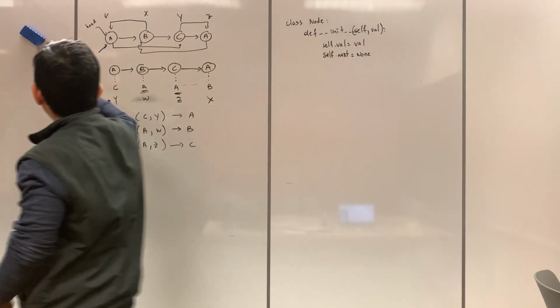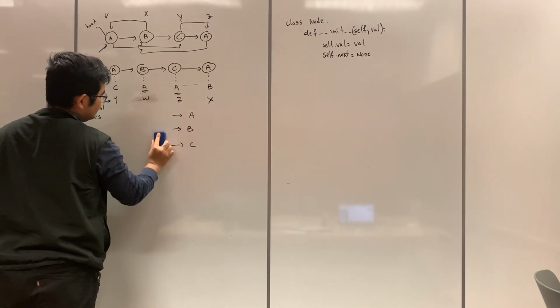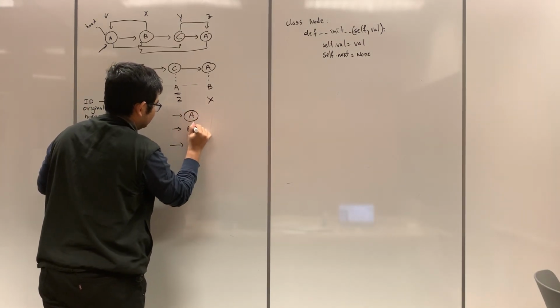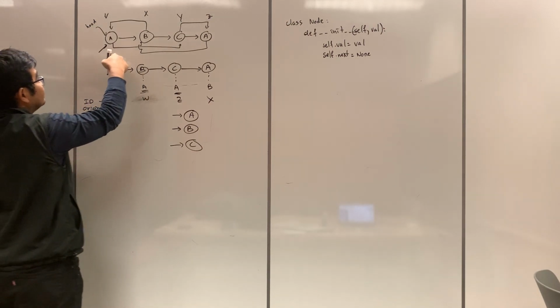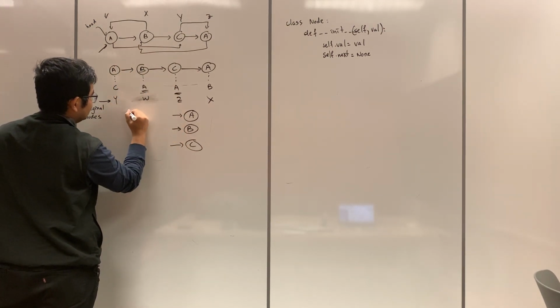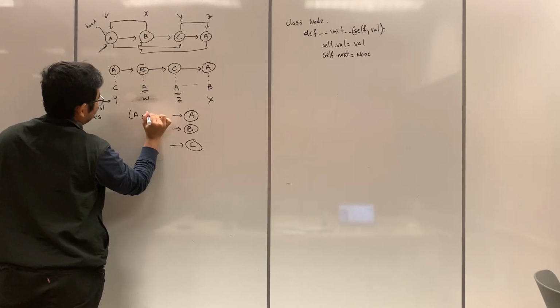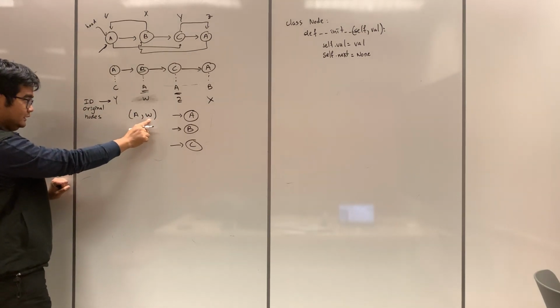I want to store a key that represents the identity of node A, node B, node C. So the identity of A is basically, first it's A, and the ID of A is W. This is the original ID.